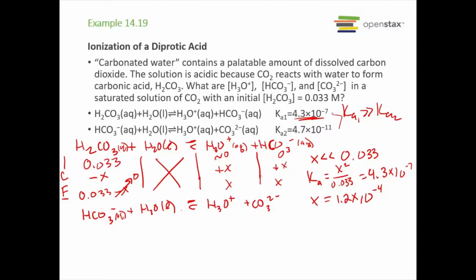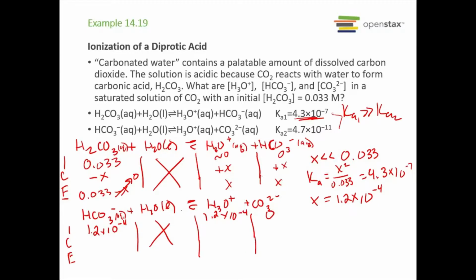Now the amount that we're going to be gaining here, the X at equilibrium, is going to be really, really small. So we have an initial concentration of bicarbonate of 1.2 times 10 to the negative 4. We just solved for that. No water. H3O, we just solved for also, and that's 1.2 times 10 to the negative 4. CO3 2 minus, 0.